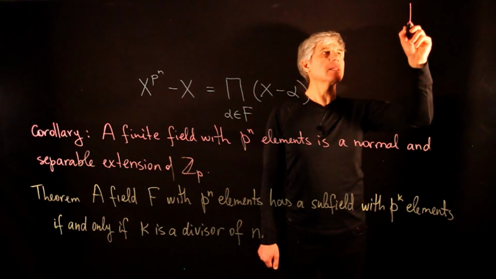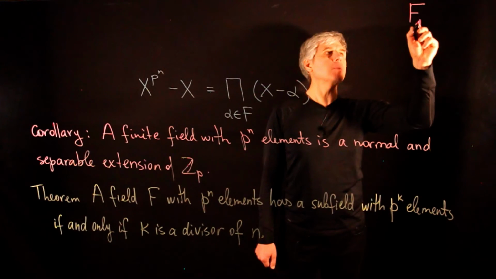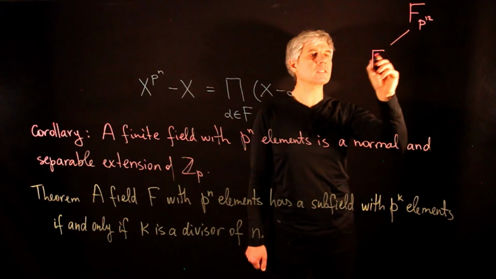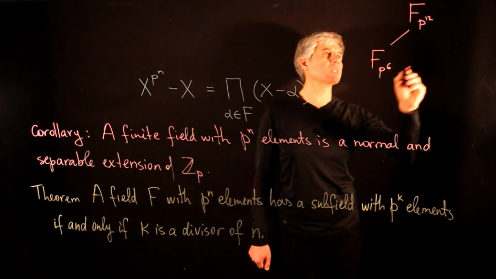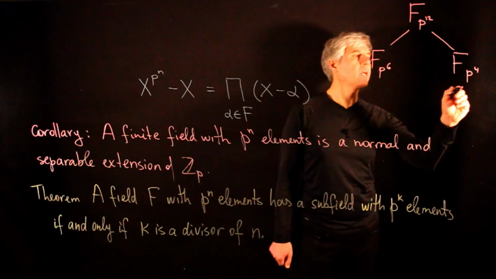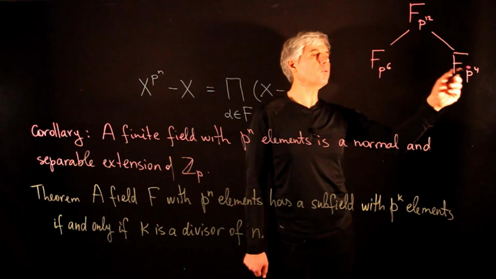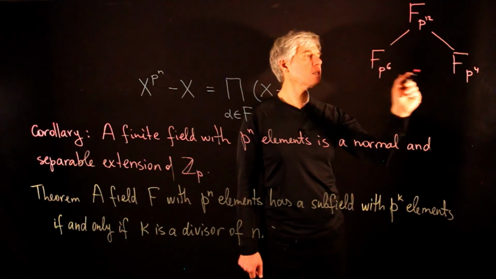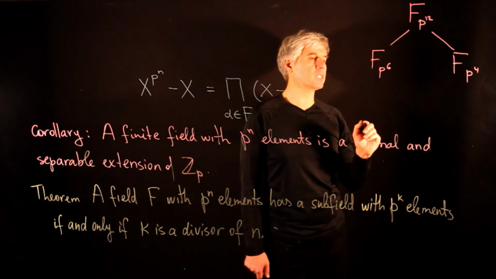So if we consider an example of a finite field with p to the power 12 elements, then inside we have a finite field with p to the power 6 elements and a finite field with p to the power 4 elements. And the subfield with p to the power 4 elements is not a subfield in F p to the power 6 because 4 is not a divisor of 6.